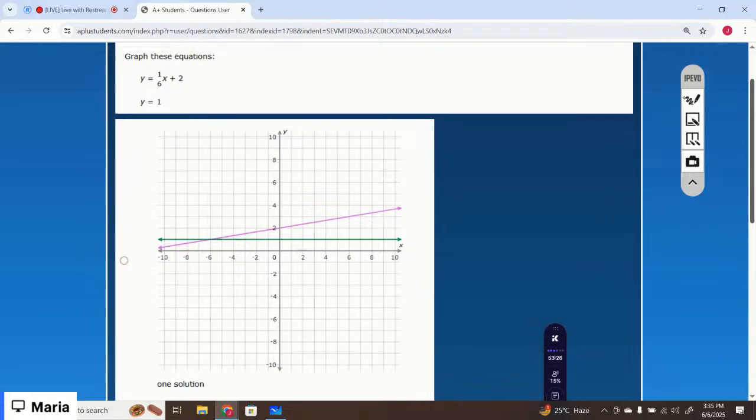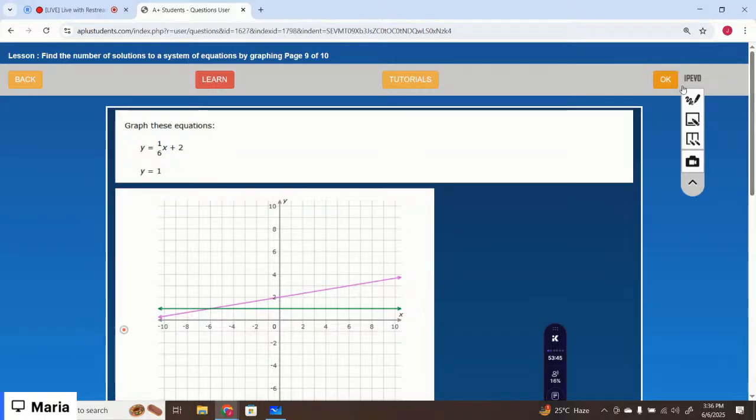Next, y equals 1 by 6x plus 2 and y equals 1. Option number one is the correct option that has one solution.